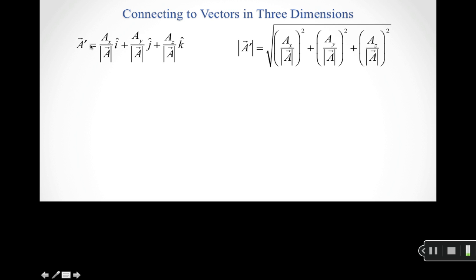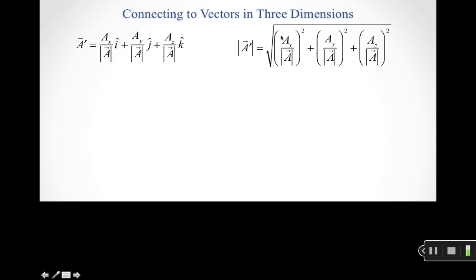So again, the first thing I can do is I can calculate its magnitude. Just like with any vector that has 3 components, I need to take the x component of vector A prime, square it, plus the y component of vector A prime squared, plus the z component of vector A prime squared, and then take the square root of all that. So this is the expression that I'm going to use to calculate the magnitude of vector A prime.